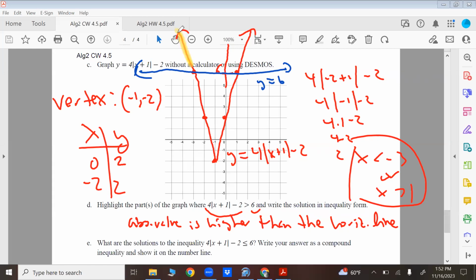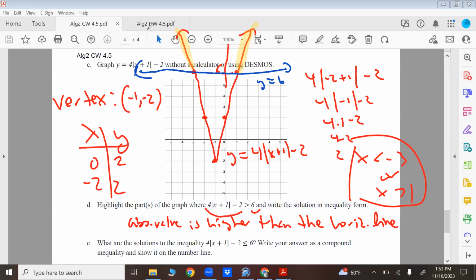So isn't this portion here above the blue line, right? Because the triangle part is below the blue line. Which one's above the blue line? Those arrows, right? What are the x values for those arrows? X is less than -3.